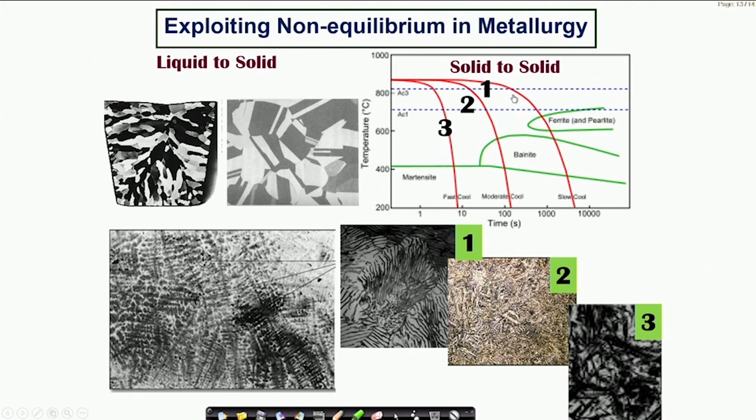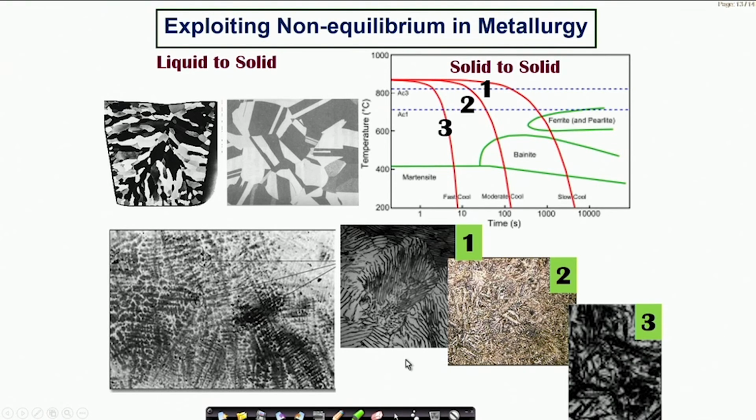In the solid state also, depending upon the way you cool through single to double phase or vice versa, you can develop various kinds of microstructures. This is a typical example borrowed from steel, which shows that the same steel, same composition, depending on the cooling rate of 1, 2 and 3, can give you a microstructure which is lamellar, pearlitic, which can be bainitic, which is another aggregate, and finally also something which is martensitic.